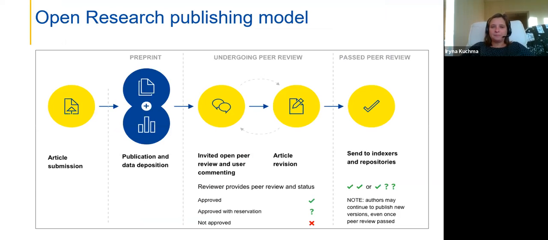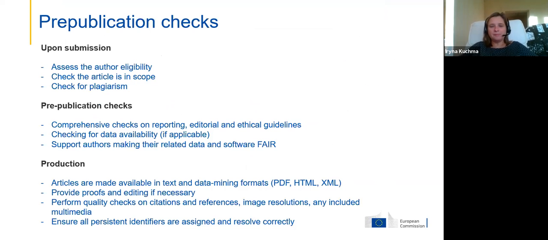And the way it works, a researcher submits an article, and this article undergoes some initial checks, and then it's made available as a preprint, and then open peer review takes place, and then this peer-reviewed label is added to an article. So these are some of the pre-publication checks that Open Research Europe does.